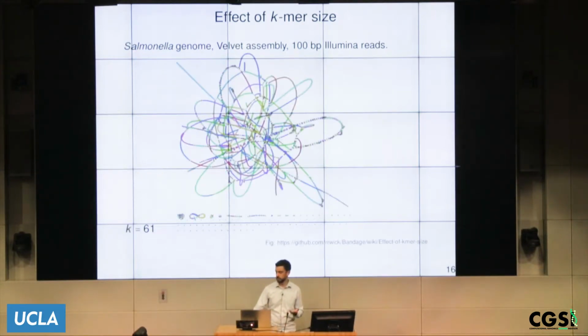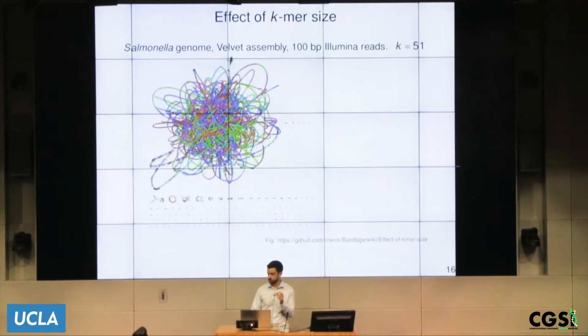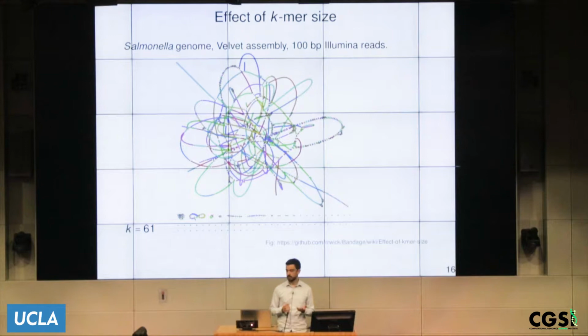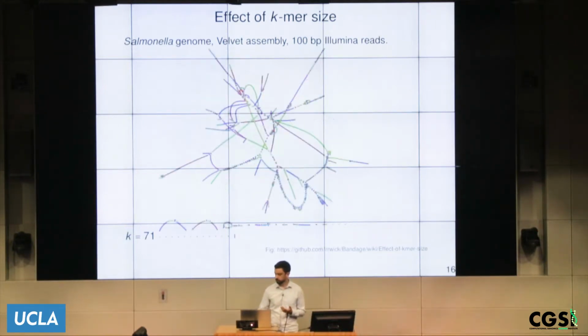Well, let's observe what happens when we change to k equal to 61. That's a very small change in terms of values, but you see that the graph becomes significantly more manageable to observe and possibly resolve. Let's continue and then go to 71. And I think this is going to be more or less the optimal one, because we see still a single component and much less branching than before.